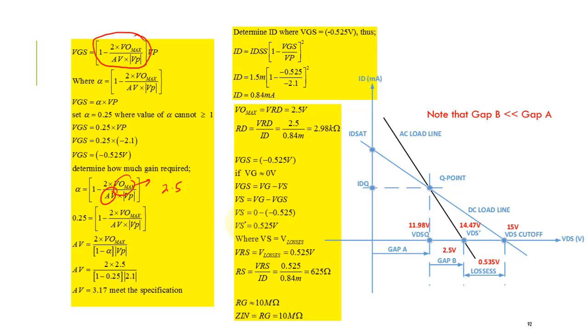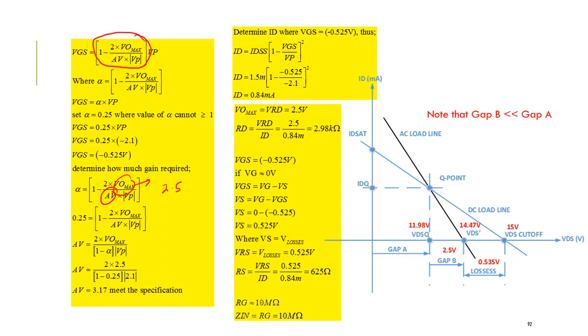So this VS is equal to the voltage across RS, and RS is equal to 0.525 volt divided by our ID, and we get the RS value around 625. RG we set more than 1 megaohm. So for RG we need to set more than 500 kilo ohm.